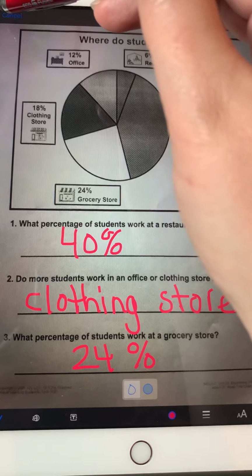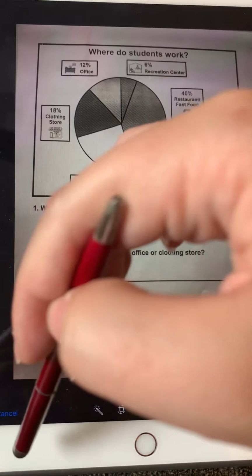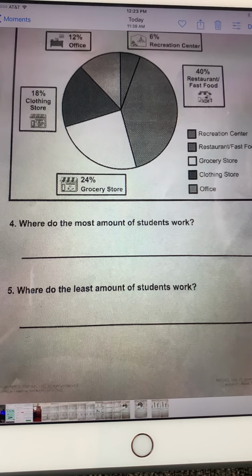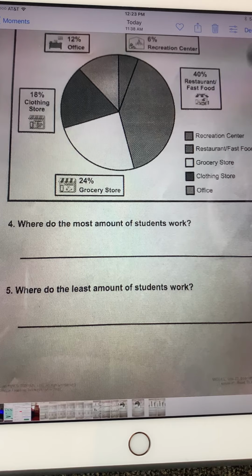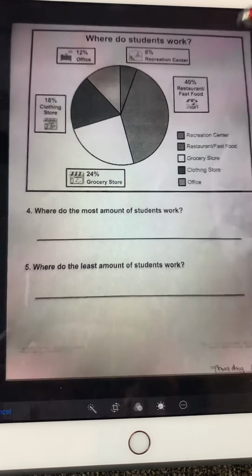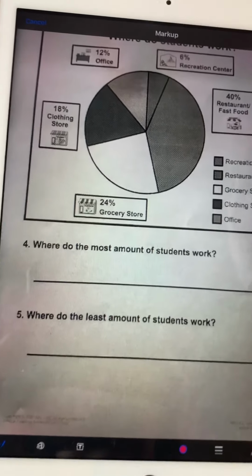Okay, so let's move on to the next page. And this is question 4 and 5. Okay, still the same graph.